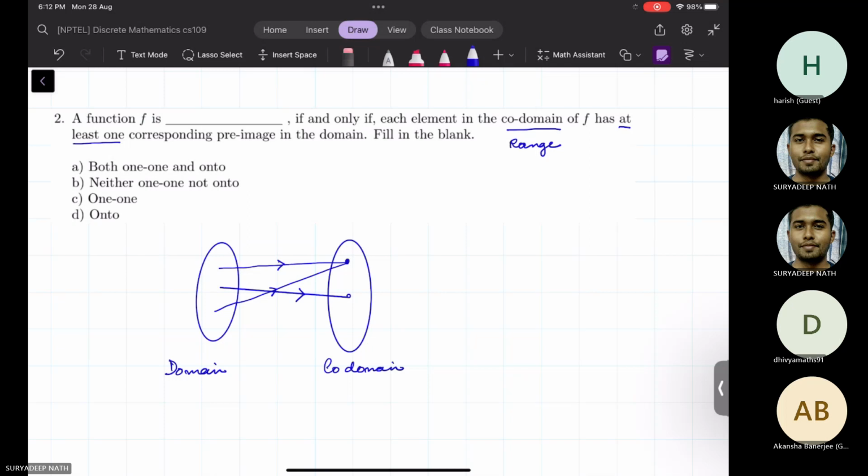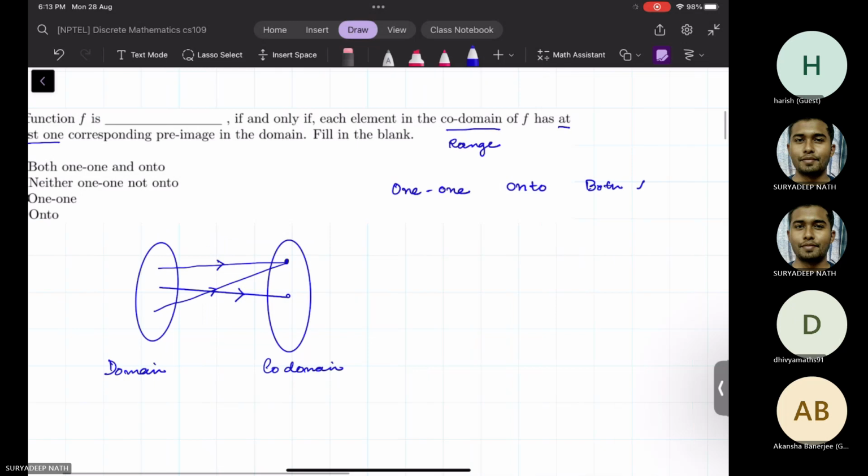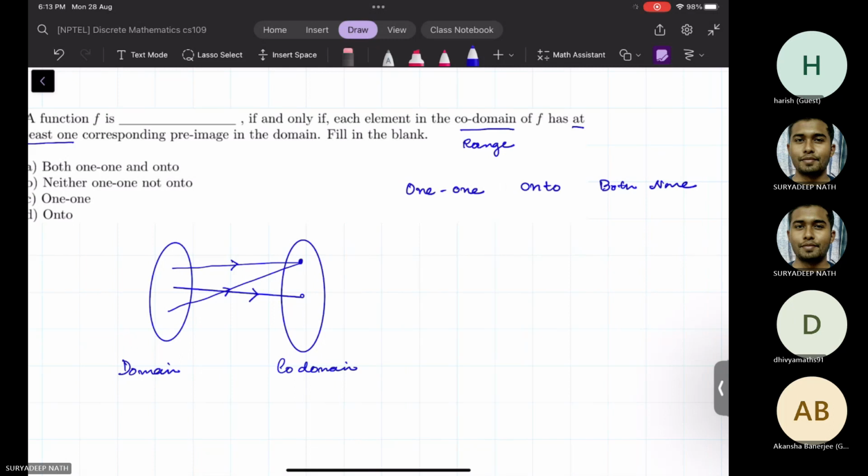So what kind of function do you think satisfies this property among one-one, onto, both or none? Which do you think? Okay, someone is saying onto.